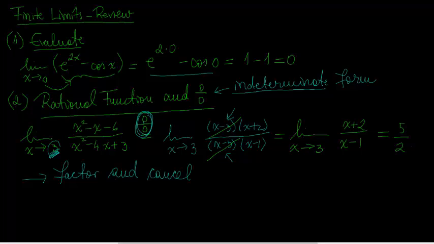Namely, if my rational function becomes 0 over 0 at 3, then I'm guaranteed to have one such parenthesis, x minus 3, both in the numerator and the denominator, that when we cancel, we're going to eliminate the problem and be able to just compute the limit afterwards by evaluating.